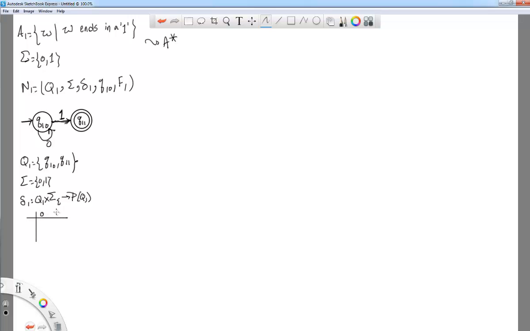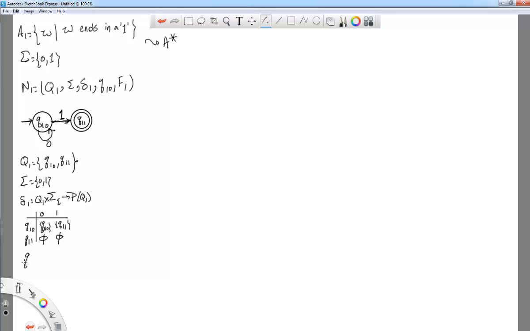You stay in q sub 1 0 on a 0, you go to q sub 1 1 on a 1, and if you're in q sub 1 1, you go to the empty set for 0 or 1.